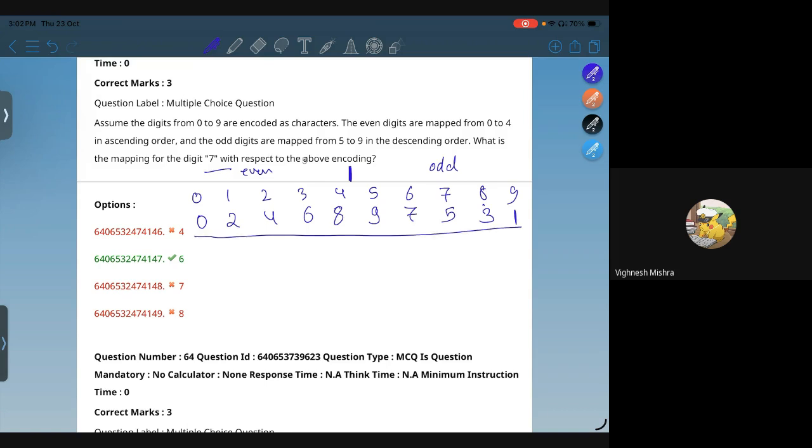This is our mapping. Now this is a little confusing, at least with the language, whether it is asking this or this.